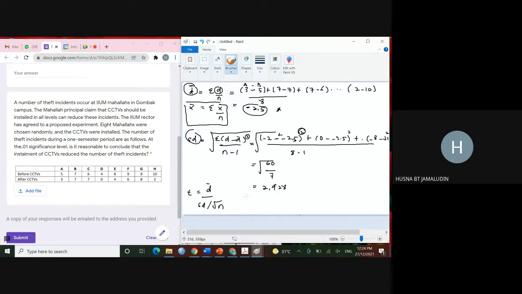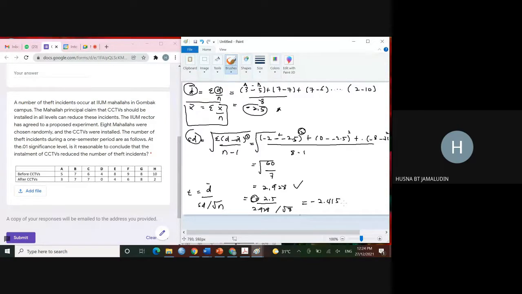Now, what is the d bar? Just plug in everything. So d bar is negative 2.5 over the standard deviation of the difference, which is 2.928, over square root of n. N is 8. Given all this working, you should get negative 2.415.